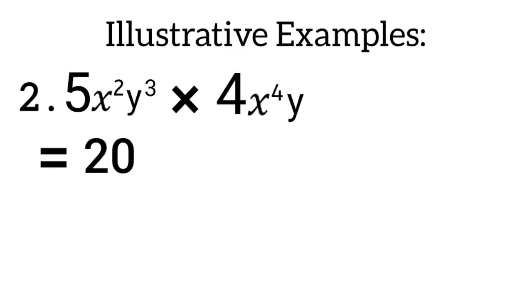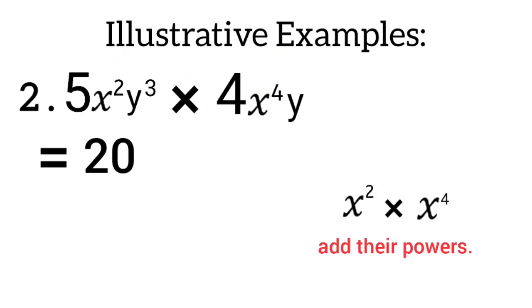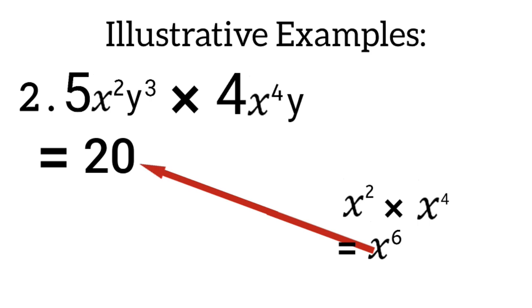For the variables, the x variables are 2. These are x squared and x raised to the power 4. So if you multiply them, their powers will add. This will give you x raised to the power 6. Then attach it to the 20, giving you 20x raised to the power 6.